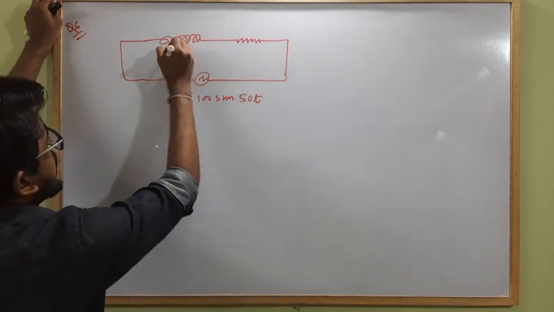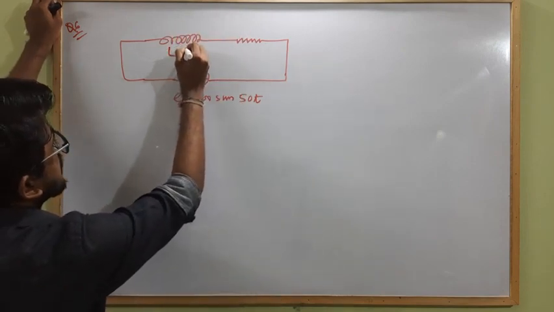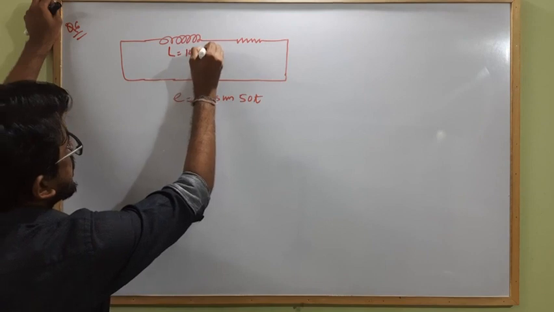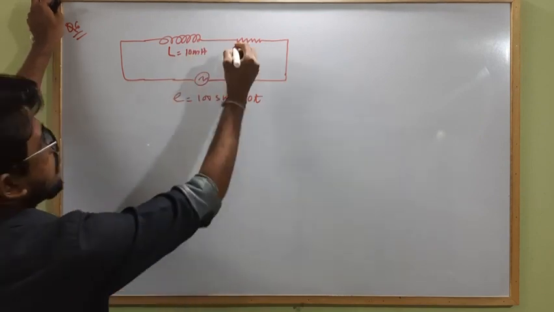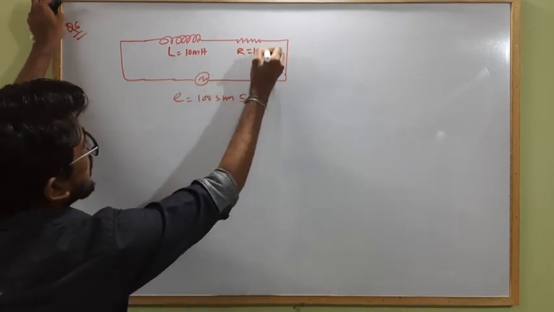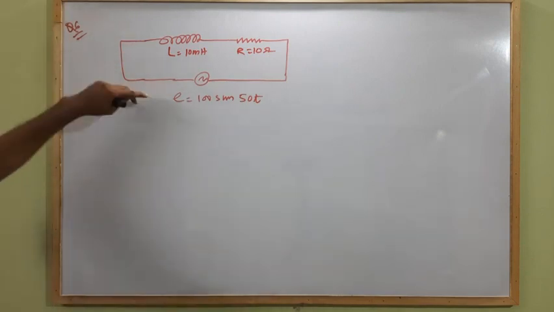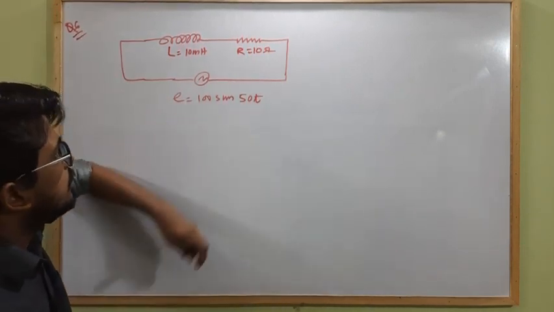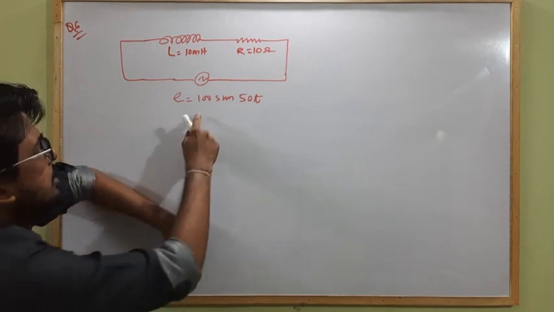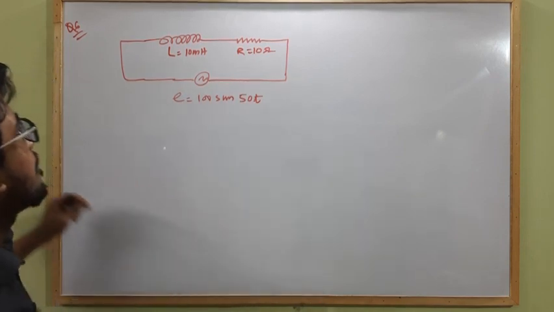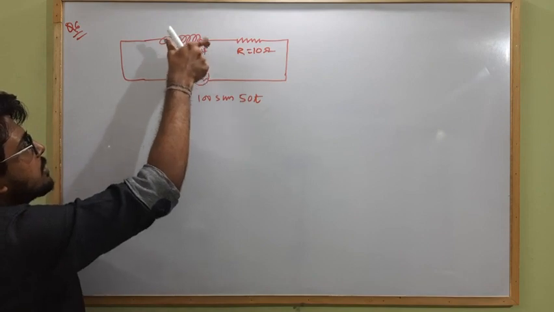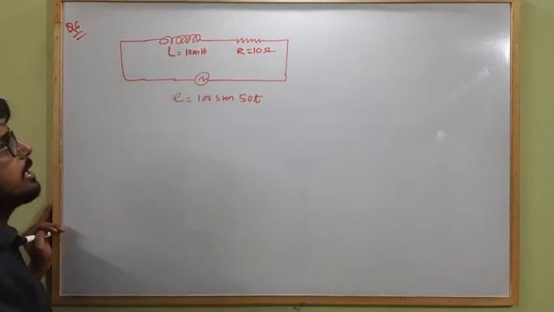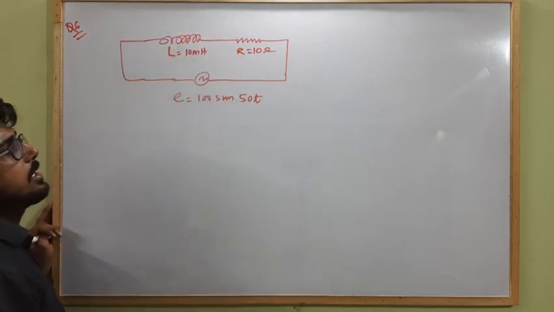The inductance L is given as 10 millihenry and the resistance R is given as 10 ohm. This is a given LR circuit connected across an EMF given as 100 sin 50 t, with an inductor of inductance 10 millihenry and a resistor of resistance 10 ohm.